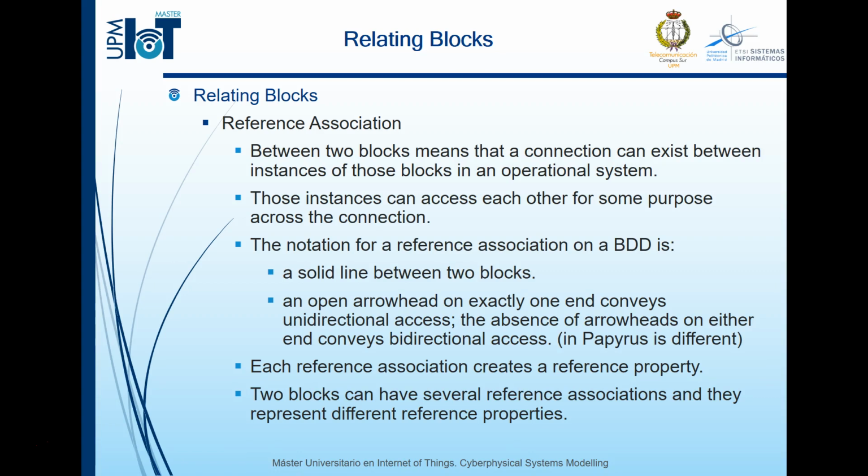In the case of Papyrus, the notation for this kind of reference association in block definition diagrams is a solid line between two blocks with open arrows at the end of the solid line, and the arrow means which block has access to the other.